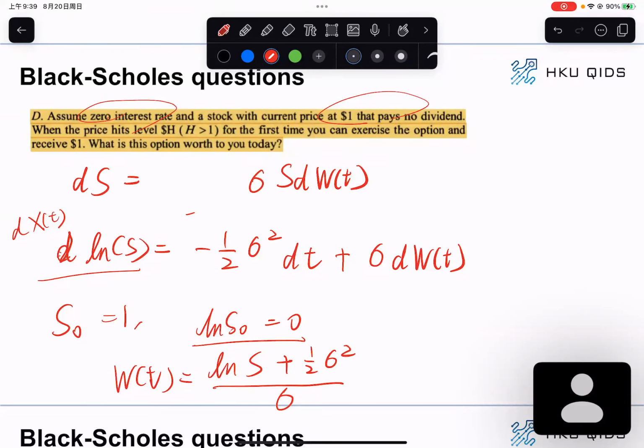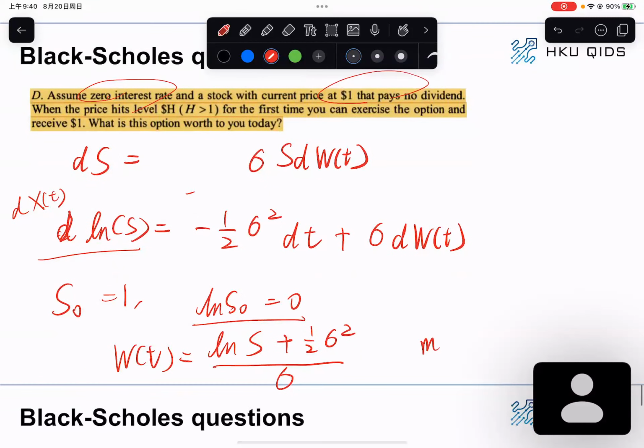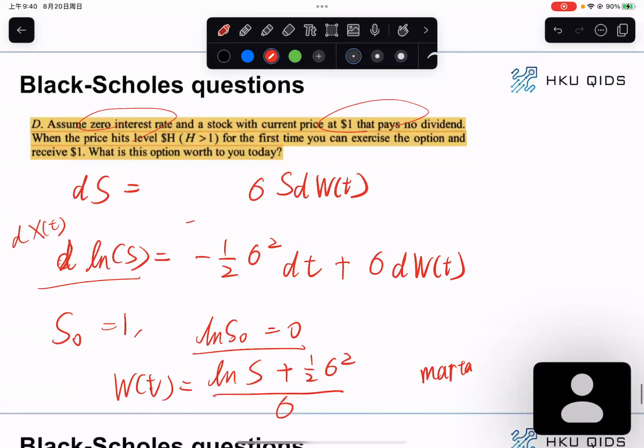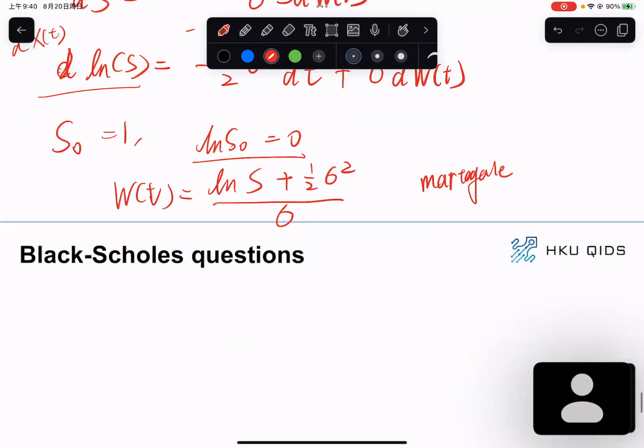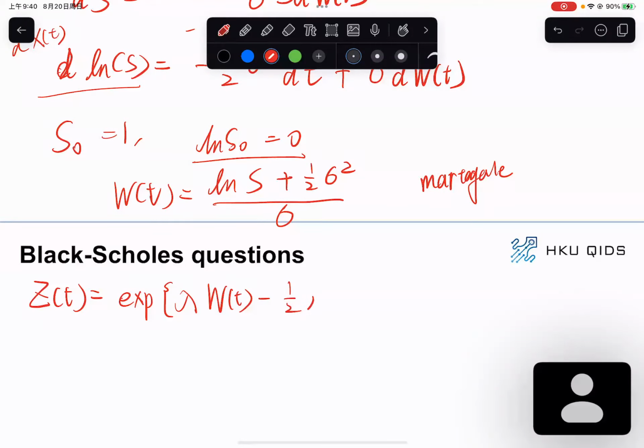And the interesting thing is, what can we do next? Okay, we are going to replace, because it is already proved to be Brownian motion, then it is a martingale. And then for martingale, remember the exponential one, where we have Zt equal to exponential of lambda Wt minus 1/2 lambda square t.